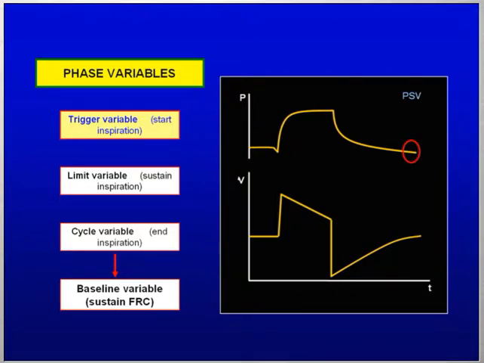With the limit variable, it's obvious that you change a mode if you go from pressure to flow, but you also change a mode if you change a cycle variable. With exactly the same thing, if you change the end of inspiration based on flow, like in pressure support, and switch to time, you go to pressure controlled ventilation. So this is a combination of all variables which make the ventilatory modes.